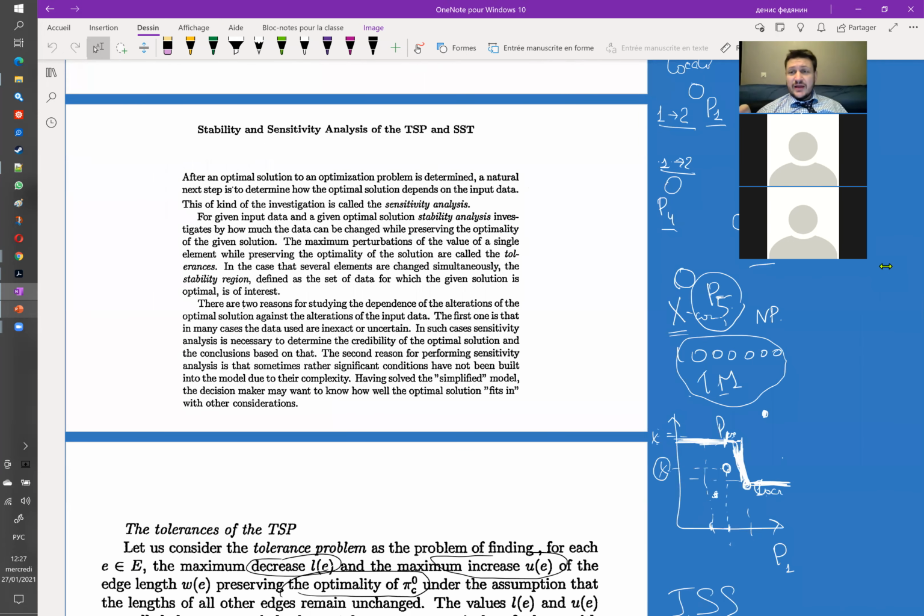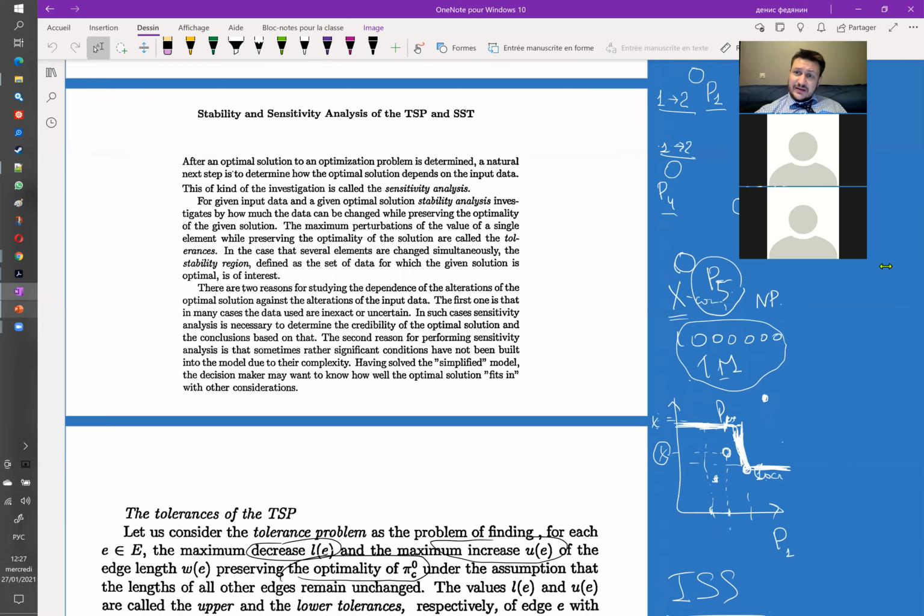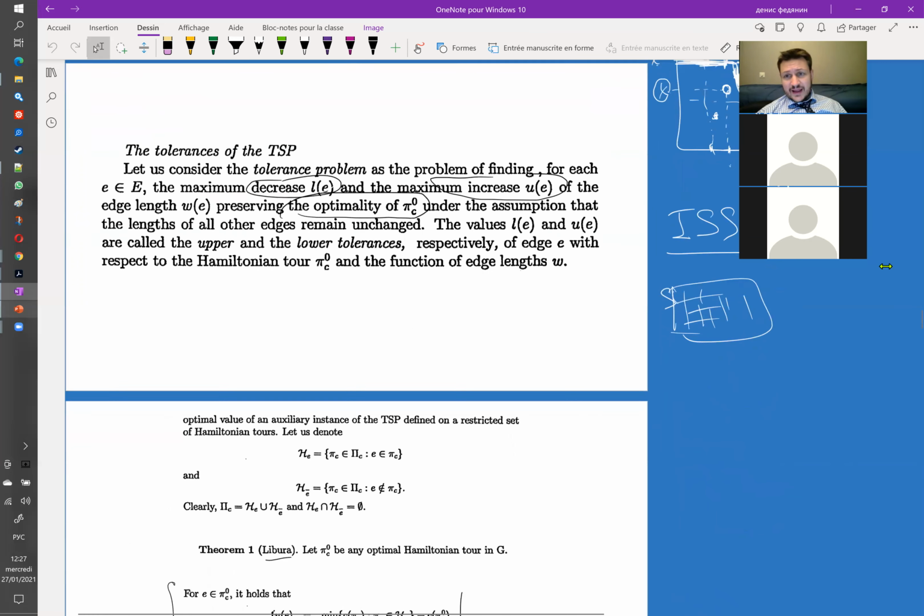Okay, and then we proceeded to stability and sensitivity analysis. Well, I can't say that we have discussed it in all details. We have just skipped several details, but you can read it, and maybe you should read about sensitivity and stability analysis here. But I have described the main idea of this, and why it is so important, and why it is worth considering.